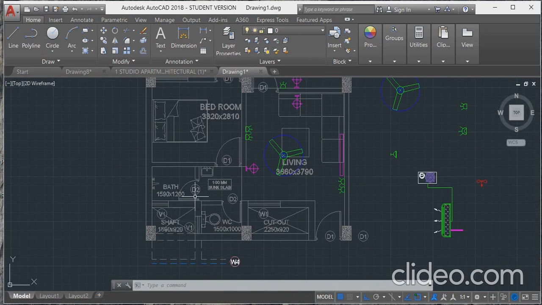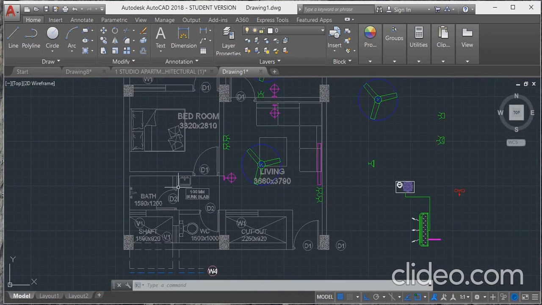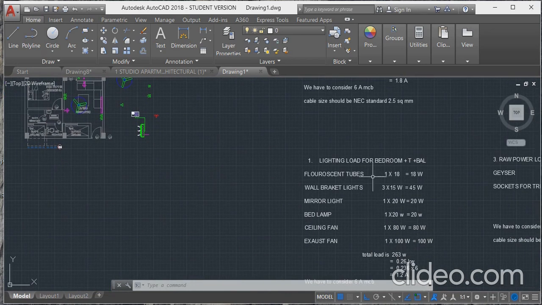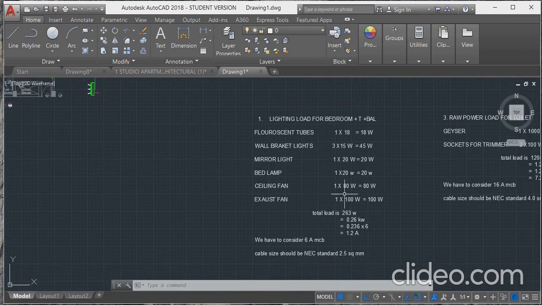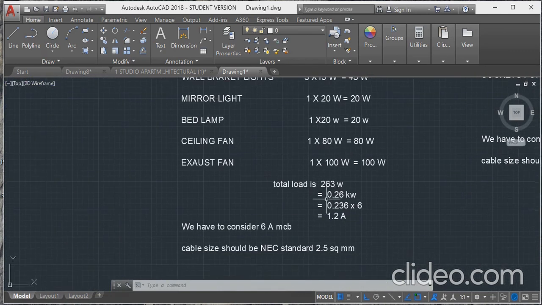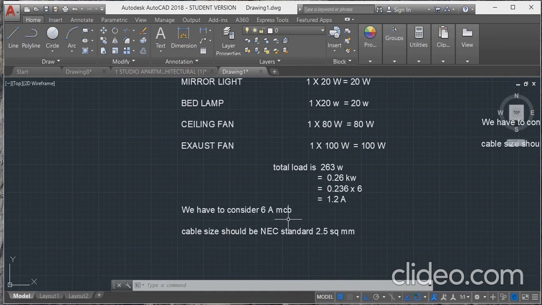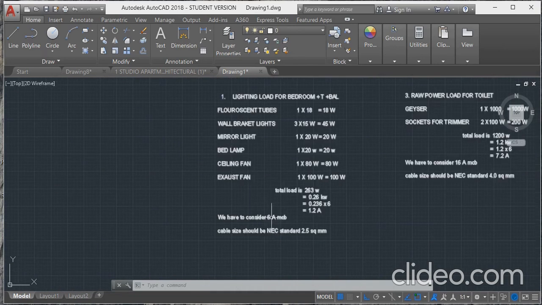I am considering these the same as before: fluorescent tubes 1 into 18. We will get a load of 263 watts. Multiplied with the single phase factor 6, we will get 1.2. We have considered a single phase MCB. Cable size should be, as per NEC standard, 2.5 square mm.